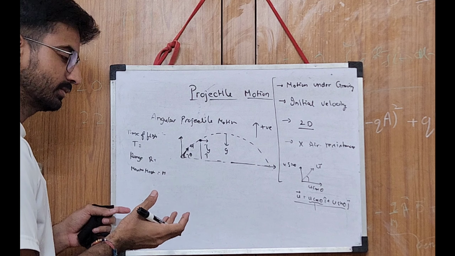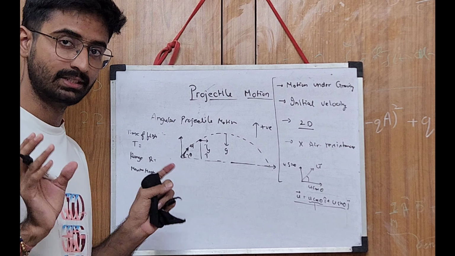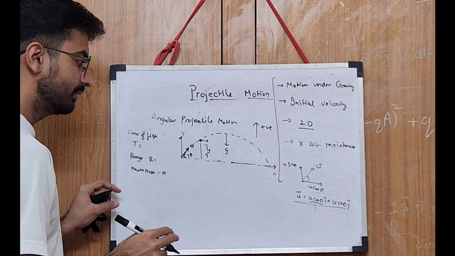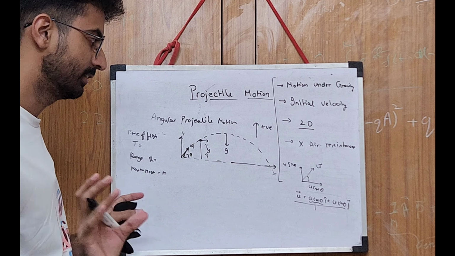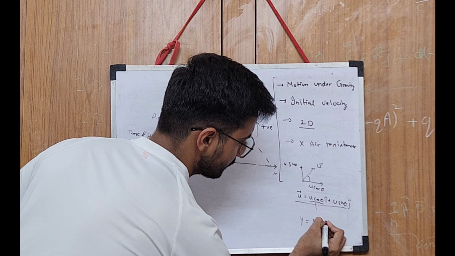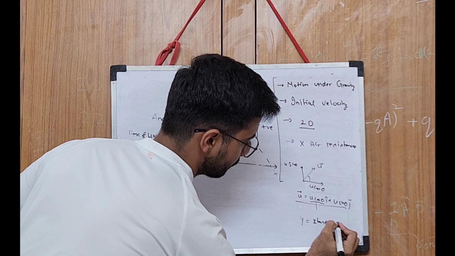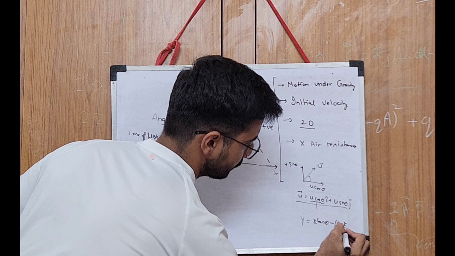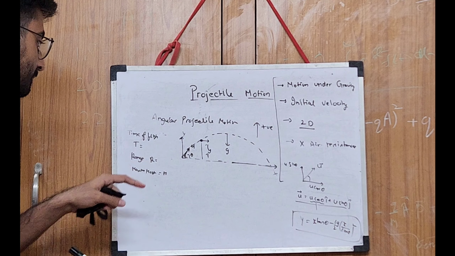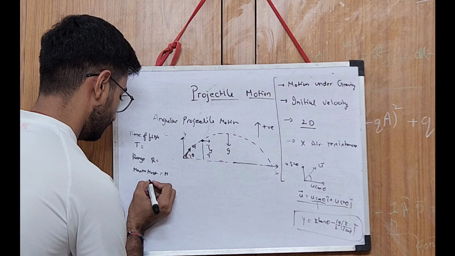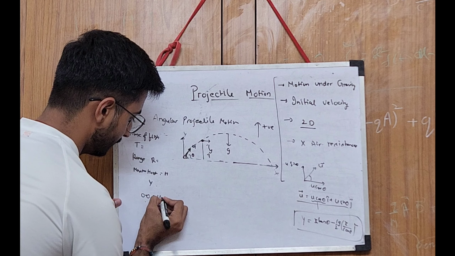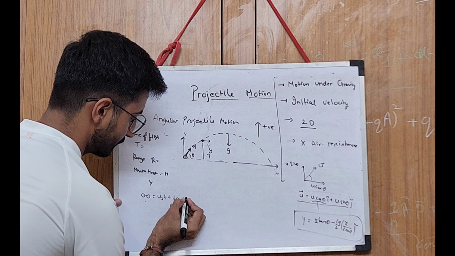For these three we are going to solve the same equations of motion in the x-axis and y-axis separately. For the time period, we know the total displacement in the y-axis is 0. So total displacement in y should be 0, equal to uy t plus half ay t square.